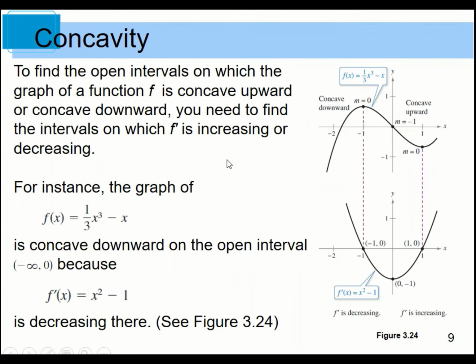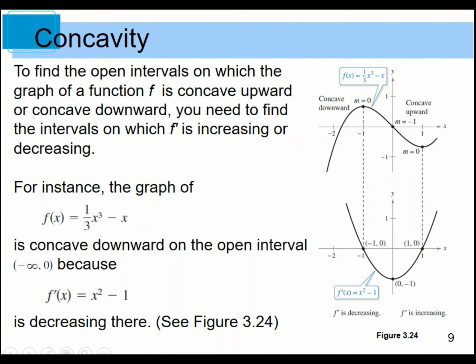To explain this, let's use an example. For the function f(x) equals 1/3 x to the power of 3 minus x, when we sketch the graph, we have this curve. This curve represents f(x) equals 1/3 x cubed minus x. Now, can you identify from what point to what point the curve is concave downward?